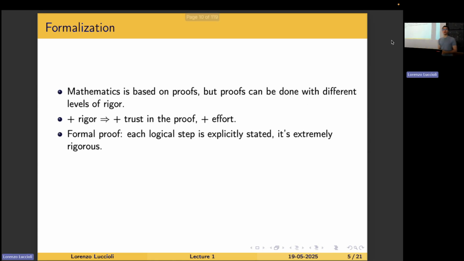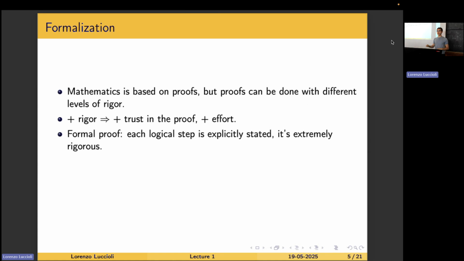What we do is a formal proof, which means we decompose a proof down to its very logical, low-level steps, and we write them down one by one. At this point, we're going to take a lot of time to write this proof, but we can be more certain that it's true, that we didn't miss any hypothesis, that we didn't skip any passages. We can do this on paper, of course.